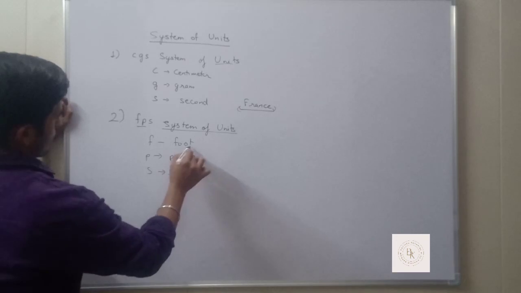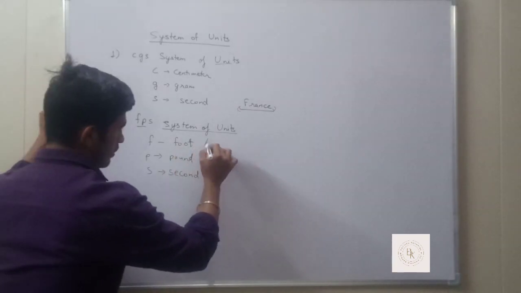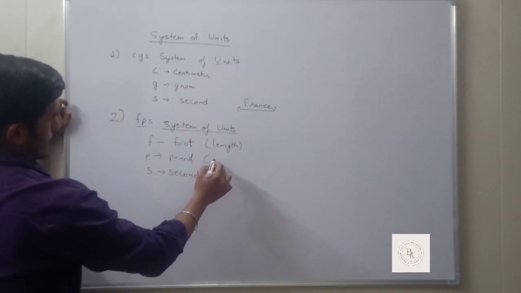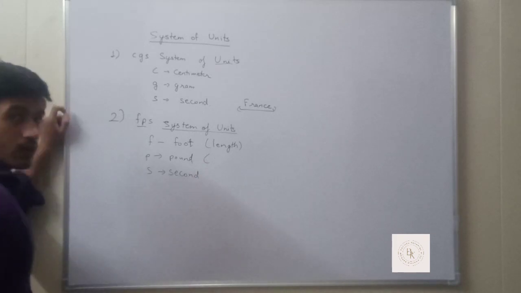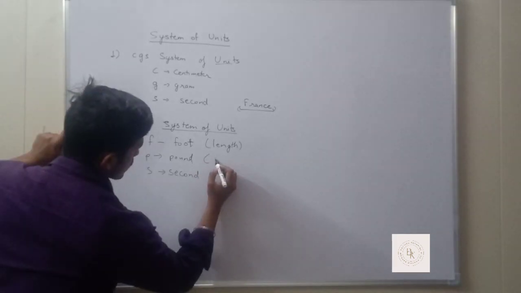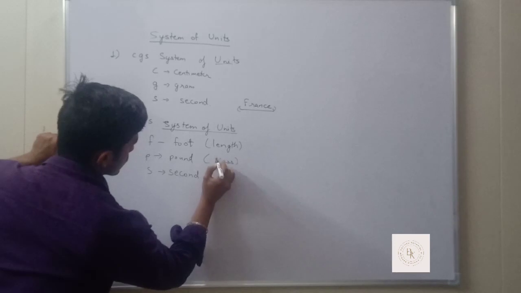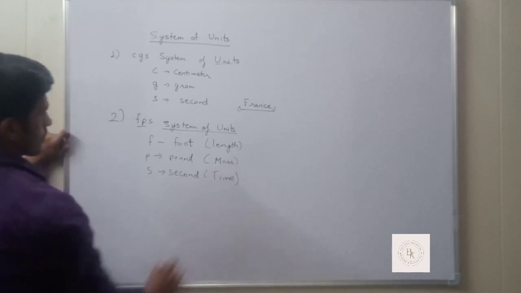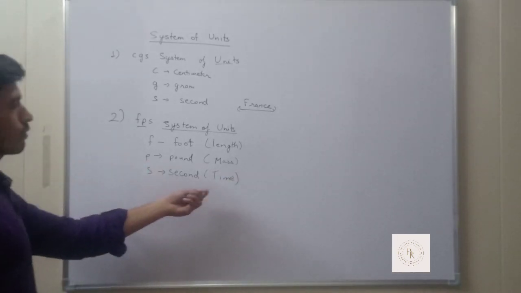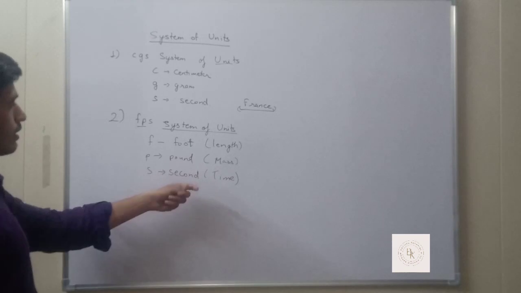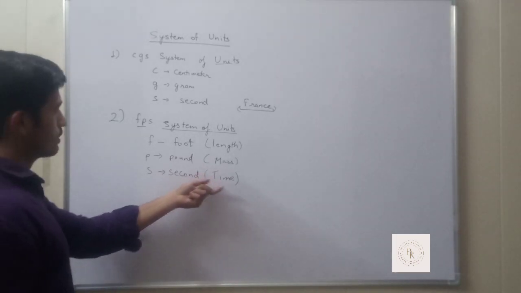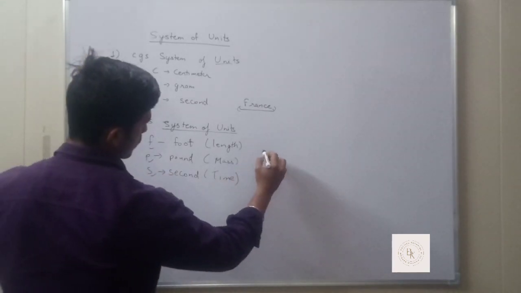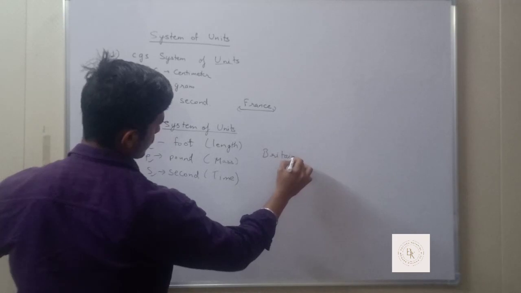As we all know, foot is the unit of length, pound is the unit of mass, and second is the unit of time. Length, mass and time. So for these fundamental quantities we are taking foot, pound and second. This comes from Britain, Great Britain.